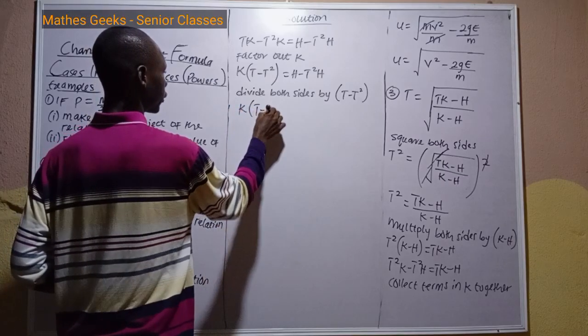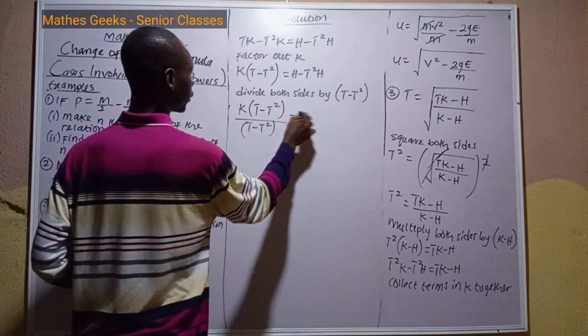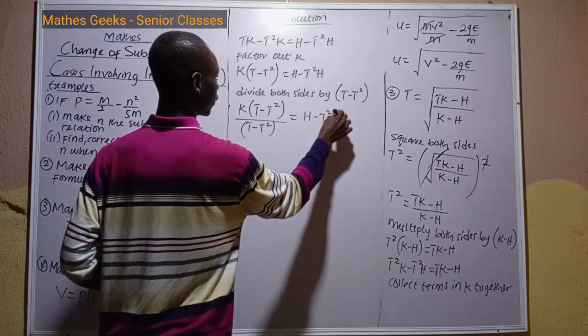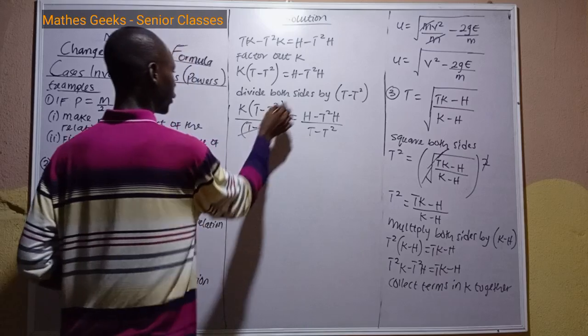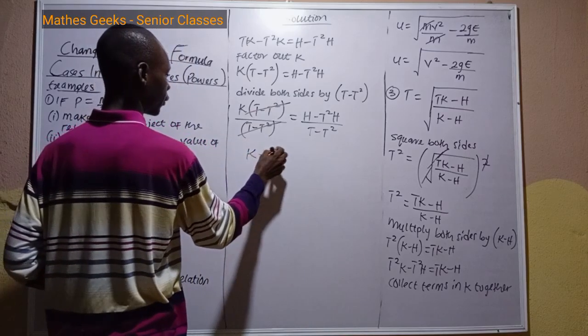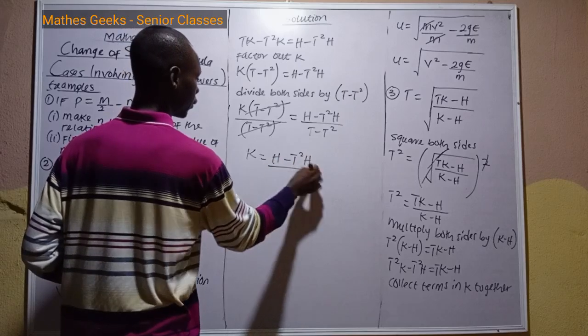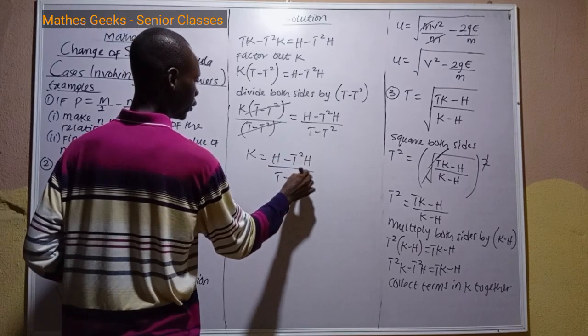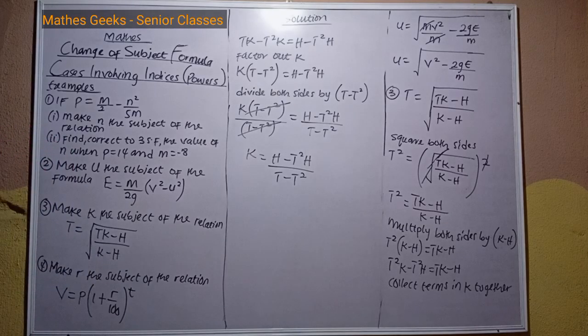K (T minus T squared) over (T minus T squared) is equal to H minus T squared H over T minus T squared. This will cancel. So K is equal to (H minus T squared H) over (T minus T squared). K is the subject of the relation.